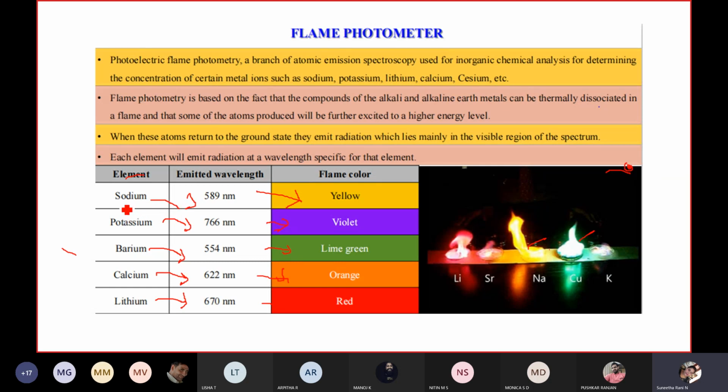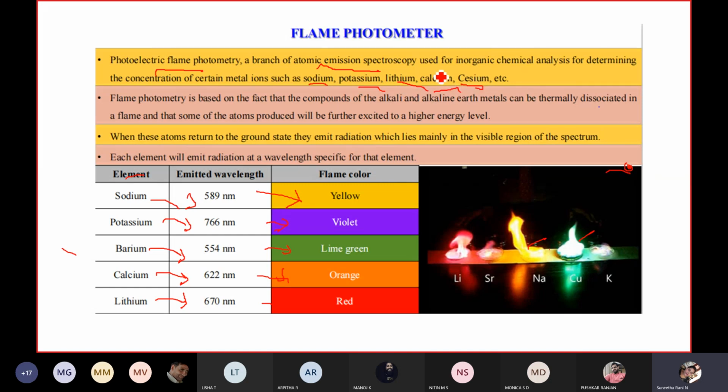So in today's experiment, what is this flame photometer? It is photoelectric flame photometry. It is a branch of atomic emission spectroscopy, used for inorganic chemical analysis for determining the concentration of certain metal ions such as sodium, potassium, lithium, calcium, and cesium.